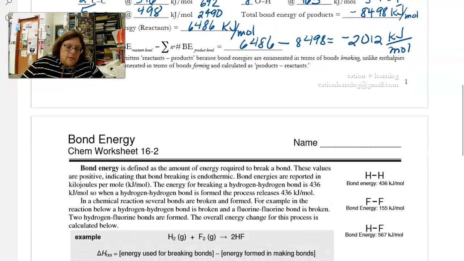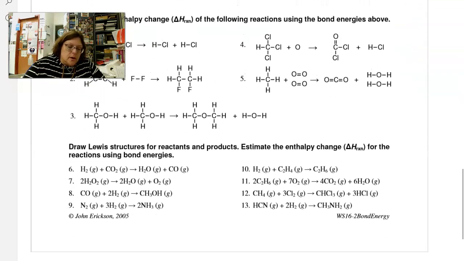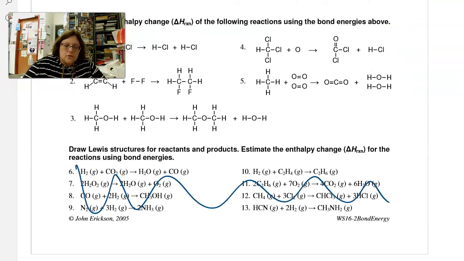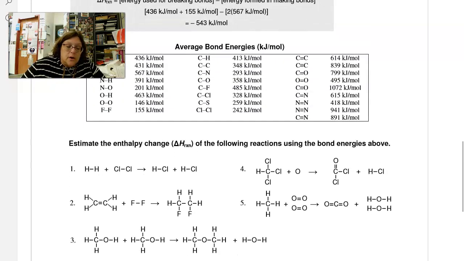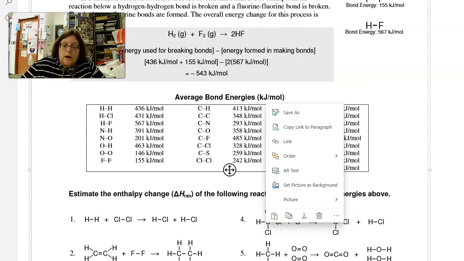Okay? The next page, we're not going to do the bottom part, because again, you don't know how to do Lewis structures, but we have Lewis structures drawn for you. You're going to complete these 5 equations. Your bond energies are up in that little box.